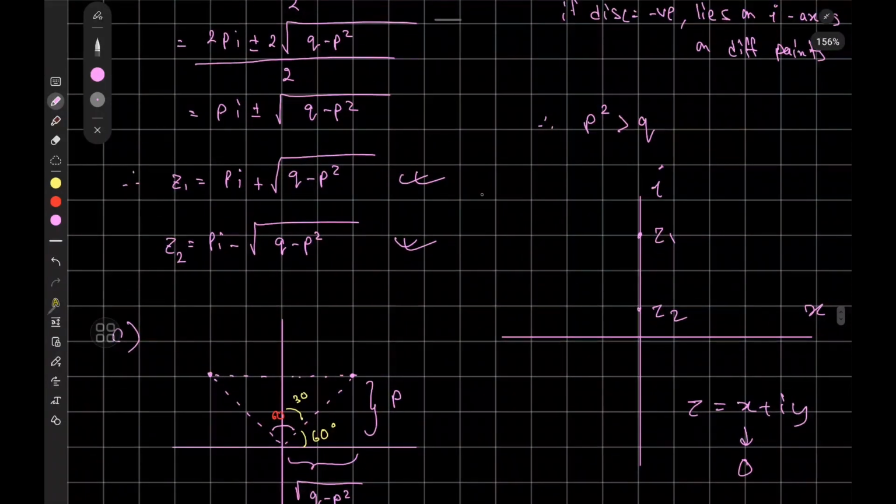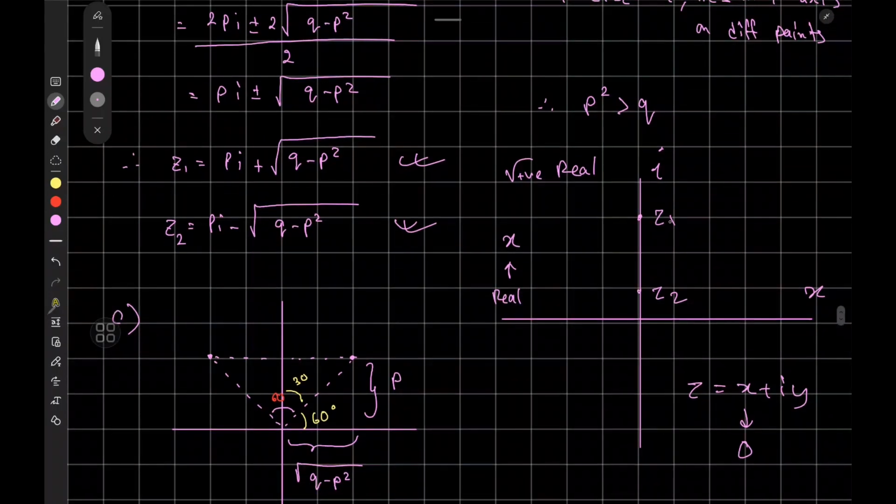Therefore, if we look into the next condition, if the discriminant is positive, what happens? What happens is you're going to get root over a positive value, which is a real value. So the expression is going to have a positive or a real part. In that case, either this point will shift to this side or to this side.